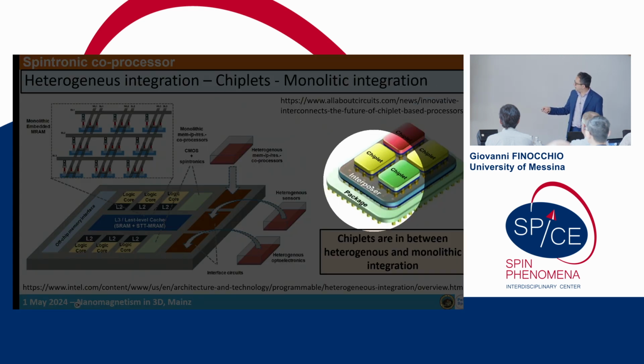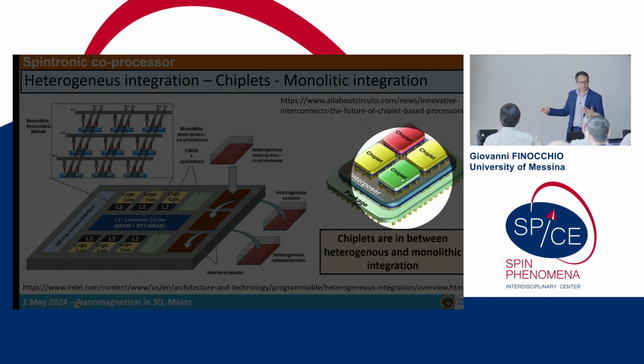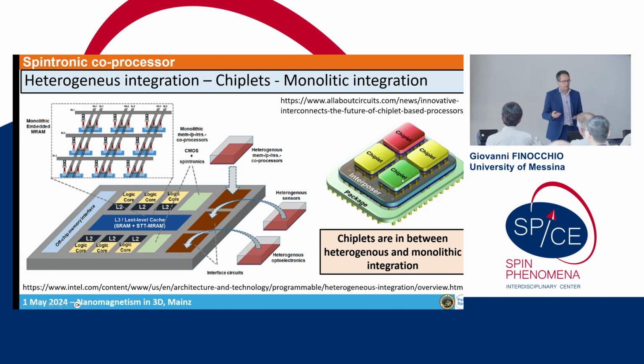The challenges here are the communication and the protocols for exchanging information. So you could develop a chiplet based on 3D magnetism, which would be absolutely independent of the rest of the technologies.